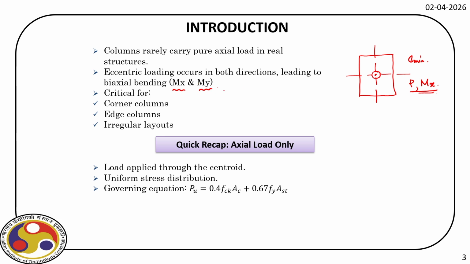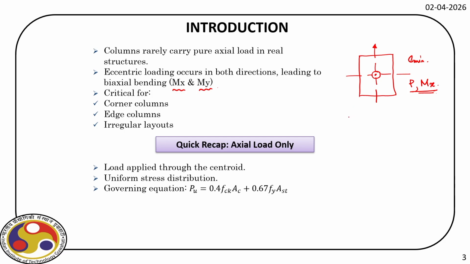Now when we have the load P along with two biaxial bending moments acting on the column, then the design is a little critical because we have to follow some complex steps to find out the exact stresses at the extreme fibers and accordingly design the structure.